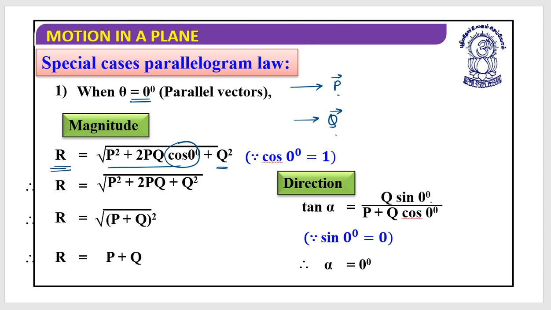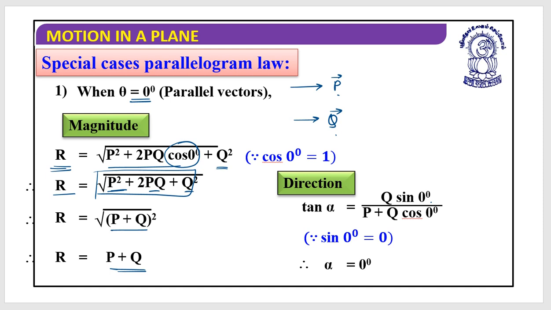As I know cos 0 degrees is 1, this is r equal to root of p square plus 2pq plus q square. If you see this carefully, this is the expansion of p plus q whole square. So r is equal to the root of p plus q whole square, which gives r is equal to p plus q.